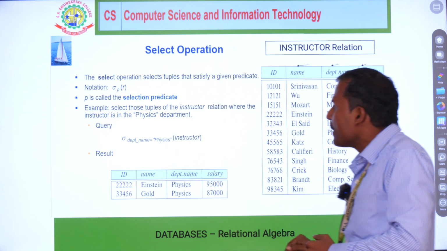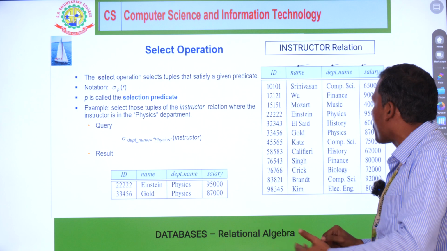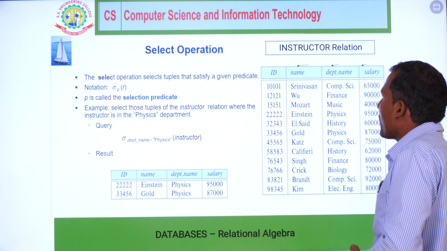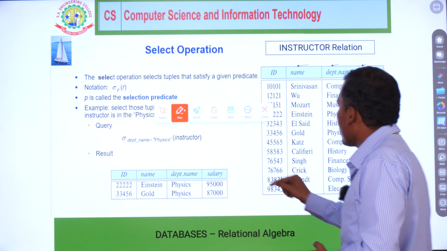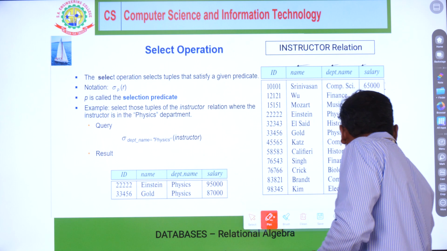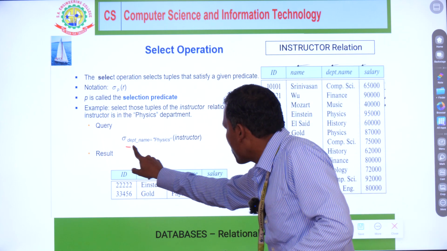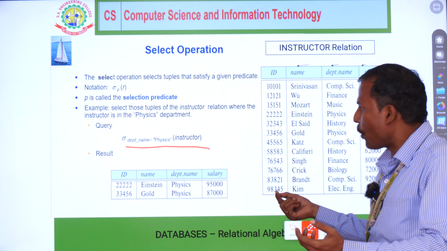Its equivalent SQL query is actually, let me write the SQL statement for the given question. Here we have the relational algebra expression, so let me first write the SQL query which is known to all.